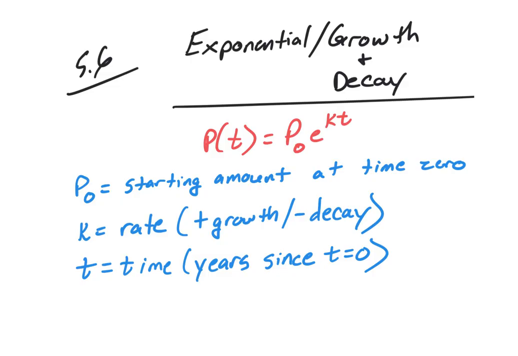All right, first example that we're going to do. We're going to use this formula over and over again today. This is on page 391. I'm going to start with number 14.